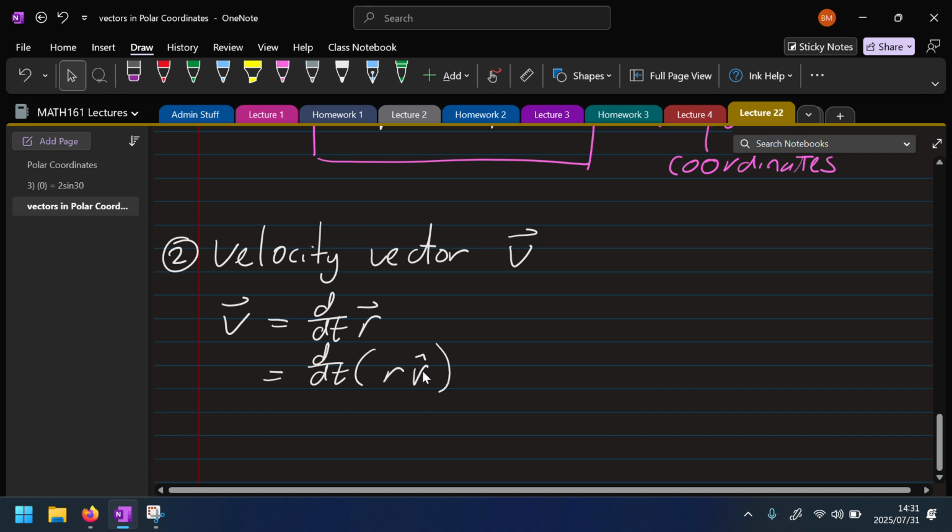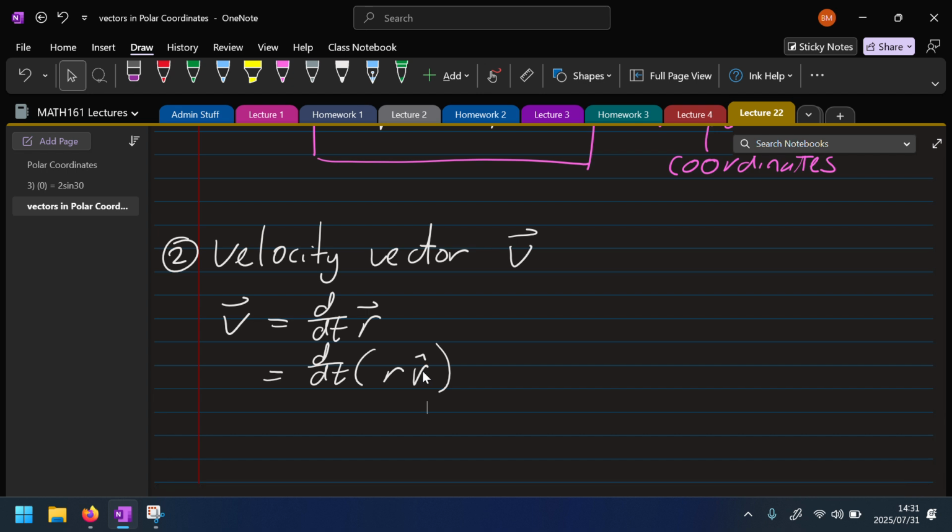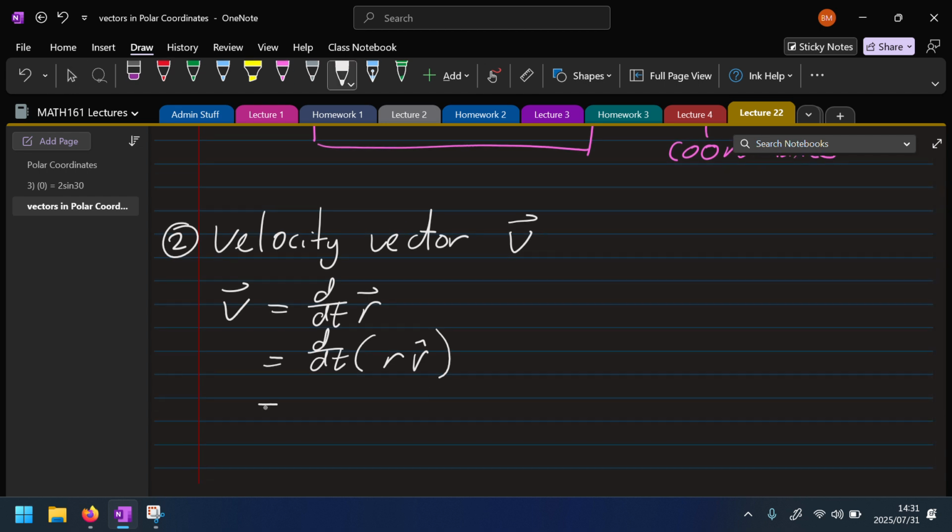So when we do the time derivative, we're going to need the product rule, because it's a product of functions of time. So let's do the product rule. We're going to do the time derivative of the radius r, and I'm going to write that as r dot. It's just notation, but it saves some writing. That's the derivative of the first term.